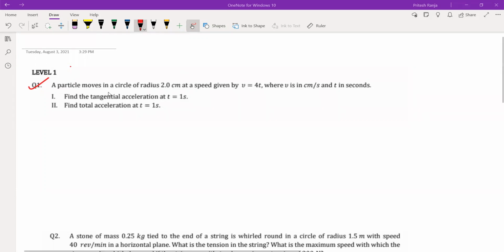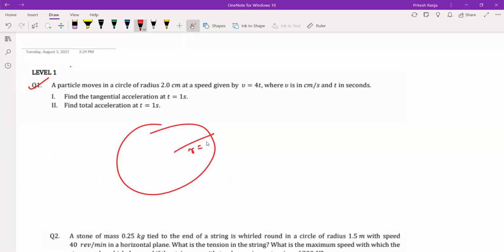So here we have a particle moving in a circle of radius 2 meters. We have already done this kind of question in circular motion. Speed is given as 4t. You have to find tangential acceleration.